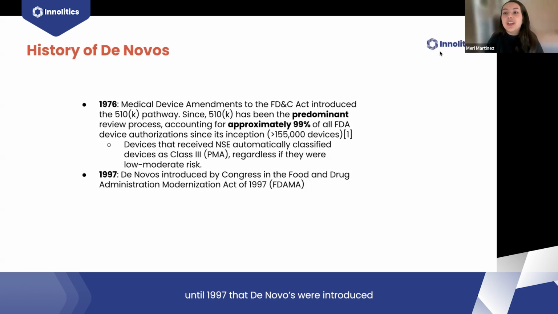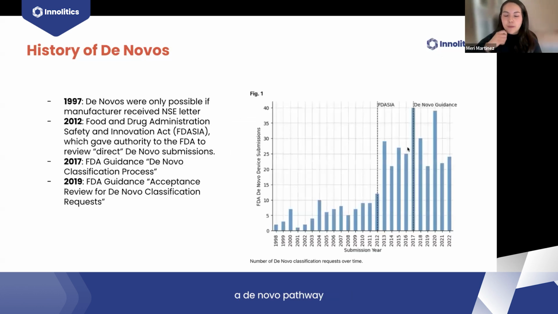It wasn't until 1997 that de novos were introduced by Congress in the FDA Modernization Act. So about 30 years later, the FDA introduced the idea of a de novo pathway for devices that did not have a viable predicate, but were not high-risk devices.